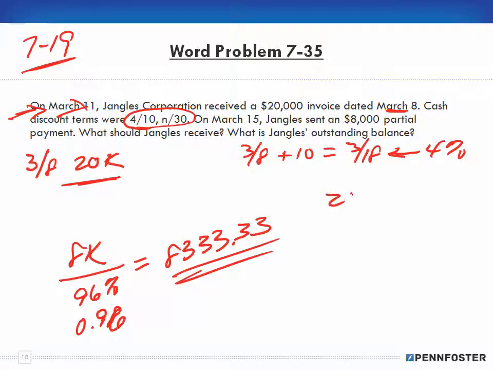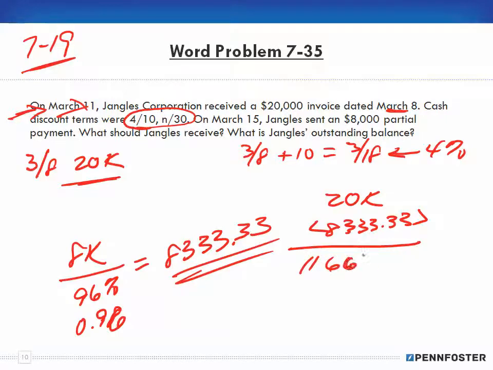So now we have 20,000, and if we take away the 8,333.33 credit, the amount that they now have as an outstanding balance is $11,666.67.